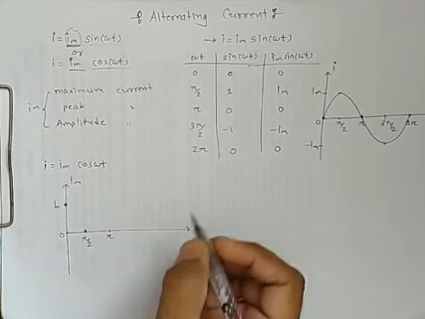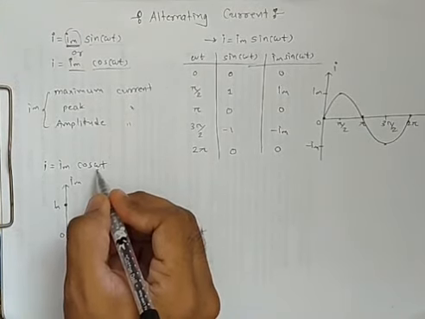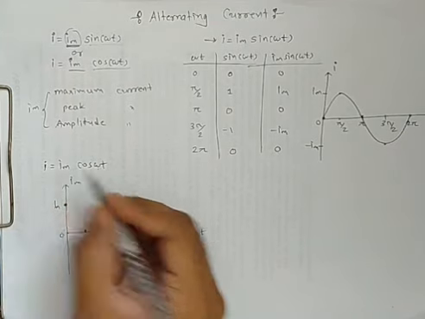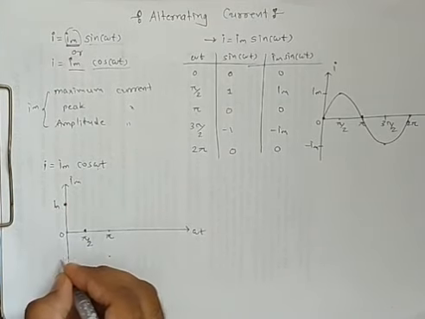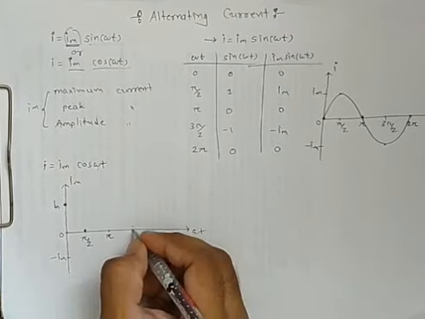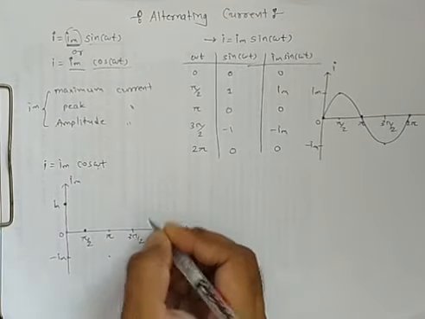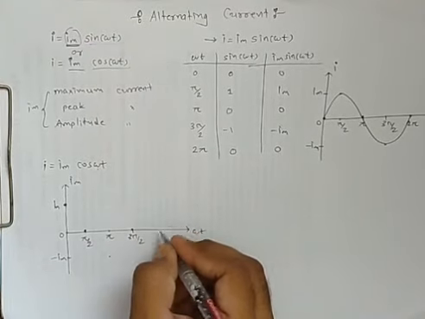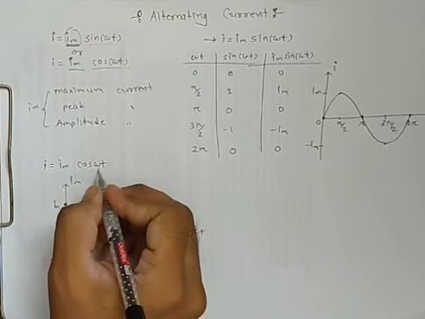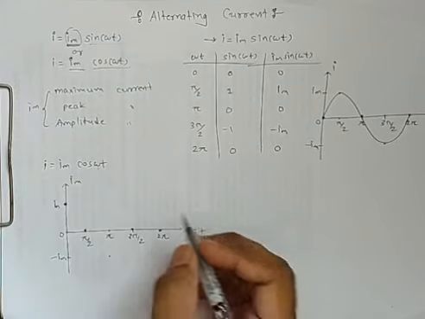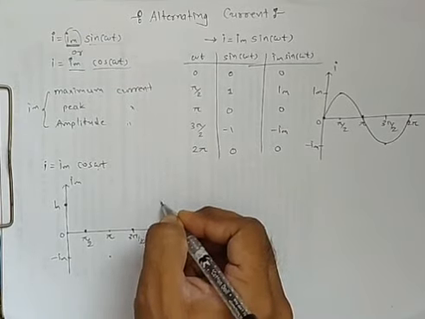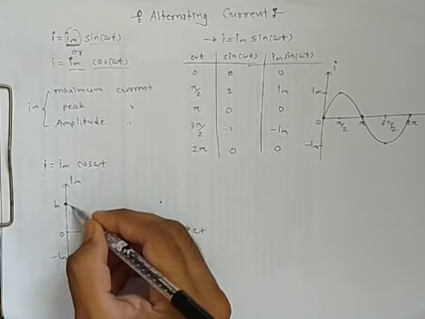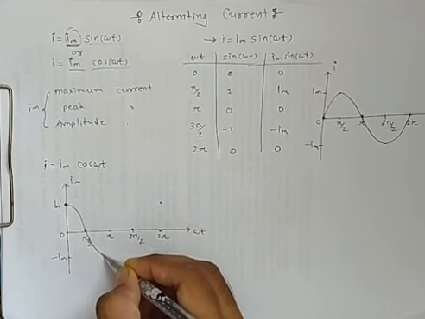At pi, cos pi is -1, and -1 into Im is -Im. At 3 pi by 2, cos 3 pi by 2 is 0, so 0 into Im is 0. And at 2 pi, cos 2 pi is 1, and 1 into Im is Im. So the waveform is like this.